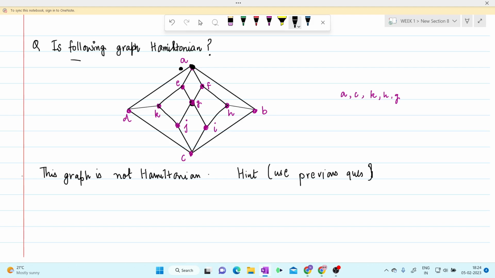What was the previous question? That if we are removing k vertices, this new graph has less than or equal to k connected components. So this is your hint.